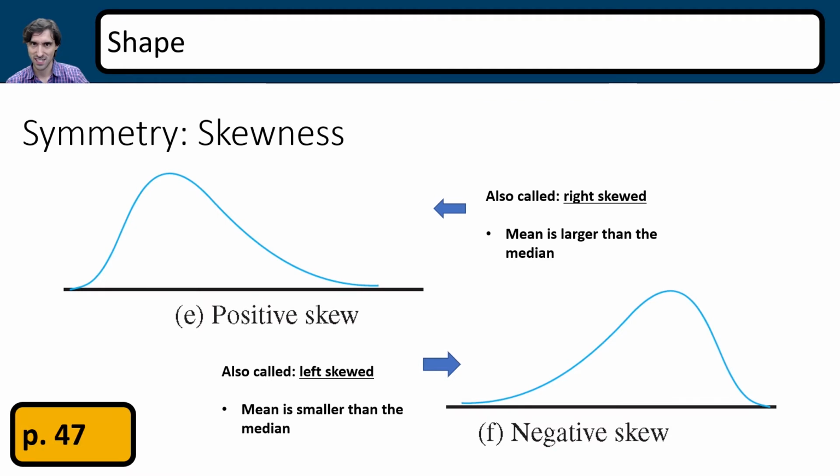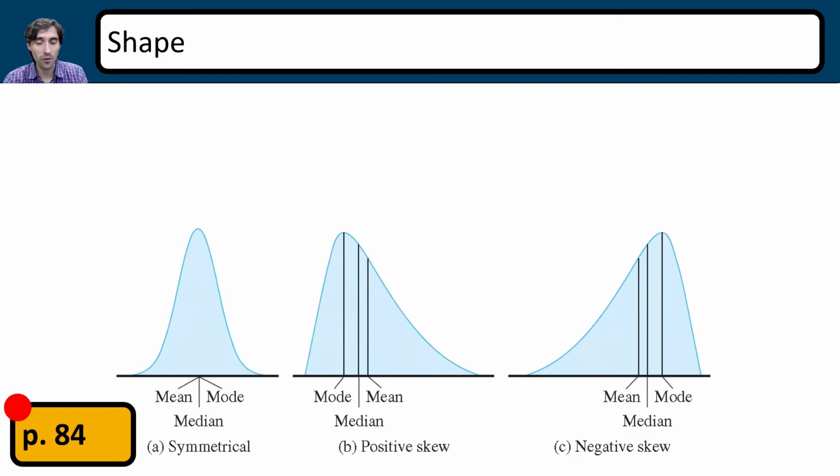That makes more sense than putting it on the very right of anything. And so if I know where the positive skew is, then I know what a negative skew is. It's a quick way to think about it, but just remember that skewness is related to symmetry. And if you have a positive or negative skewed data set, it is not symmetrical. It can be a little bit of both. It kind of depends on the data.